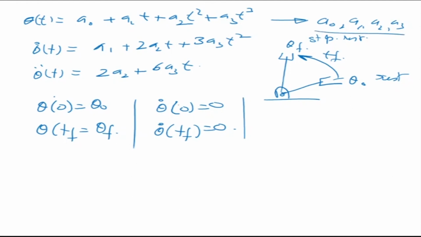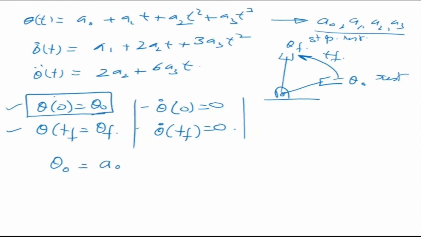So what I can do is I can put these conditions one at a time in these equations, and I can solve. For example, if I take theta at time 0 equal to theta naught, then t is 0, and theta naught is equal to a naught. That's from equation 1.